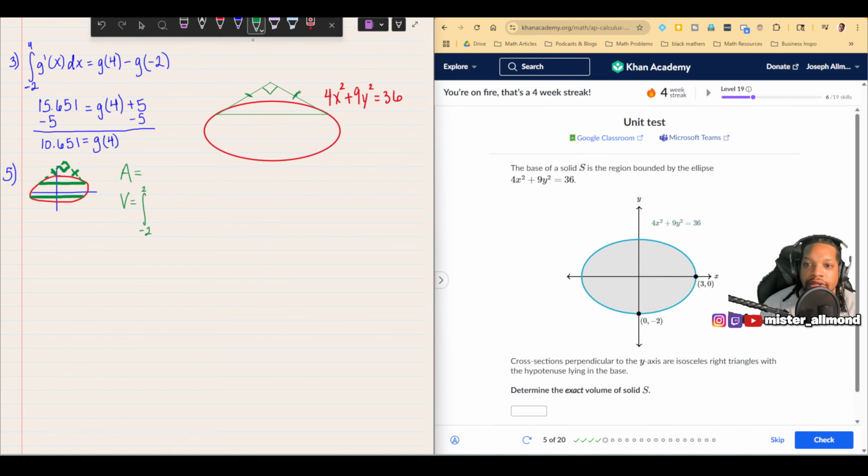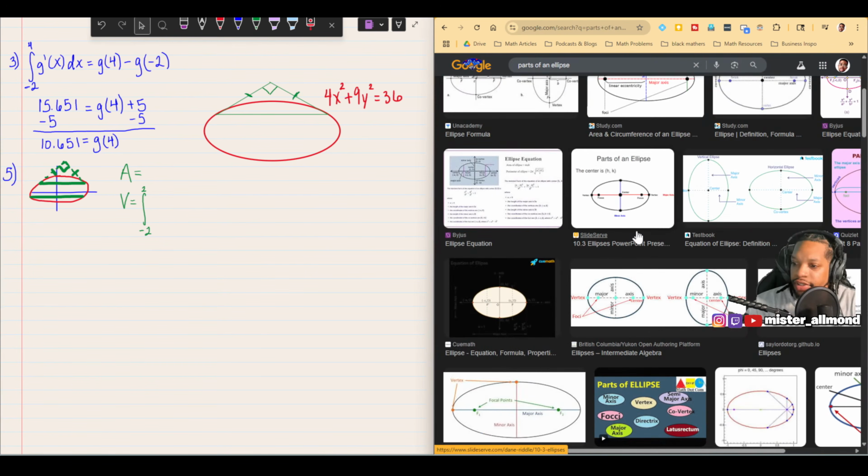It's just getting the area that can be the tricky part sometimes. Okay, so I got to figure out how to get not the two legs, but the hypotenuse. I got to look up the anatomy of an ellipse, I feel like, to further understand this. Specifically as it relates to the equation.